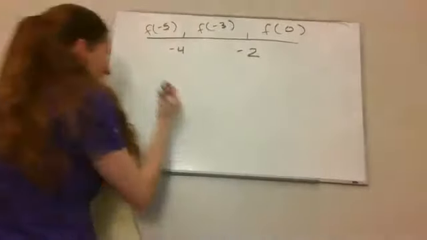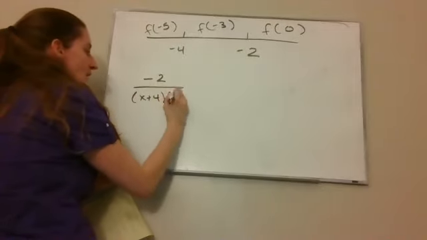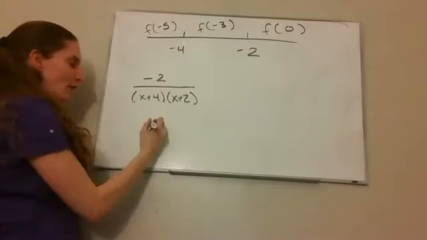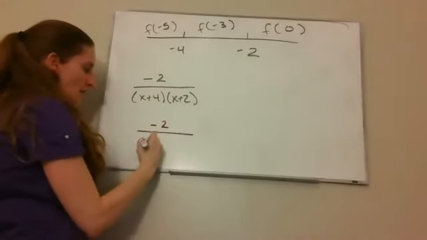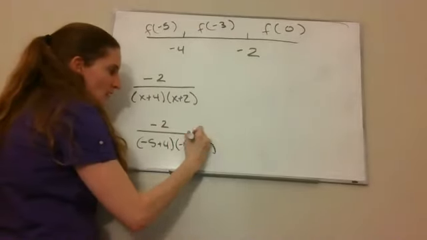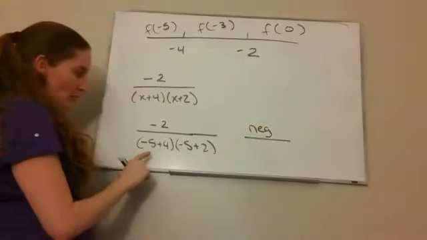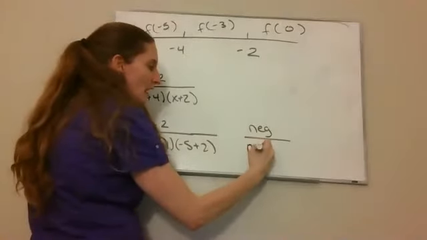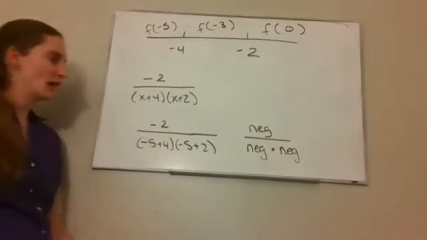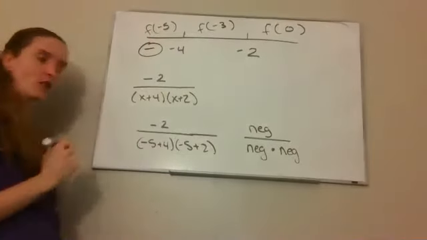And remember, what we're checking it in is -2 over x plus 4 times x plus 2. If I plug in the -5, well, the top is negative. The bottom, -5 plus 4 is negative, and -5 plus 2 is negative. So I have negative over positive, which is negative overall.